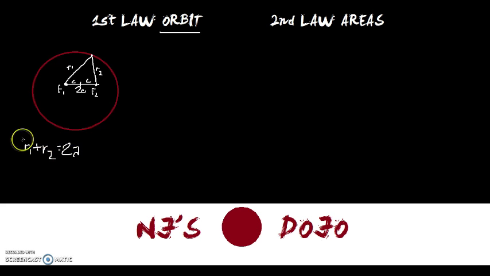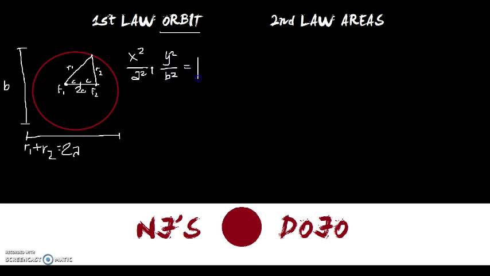2a is actually the width of the elliptical orbit, while b is the vertical component or length of the elliptical orbit. Inevitably, because of this, we now claim to have the perfect equation for ellipses, which would be x squared over a squared plus y squared over b squared, which equals 1.